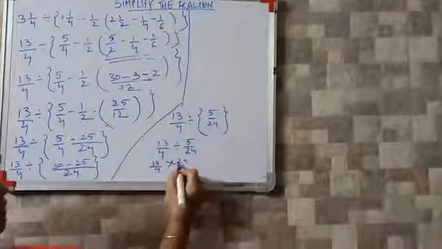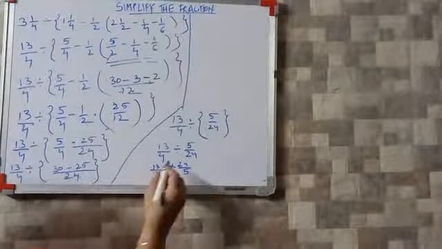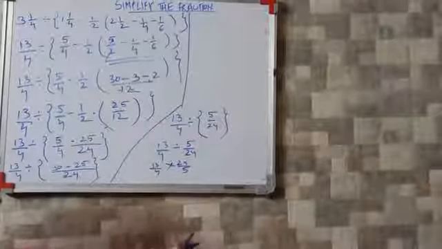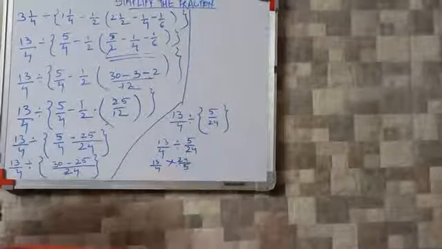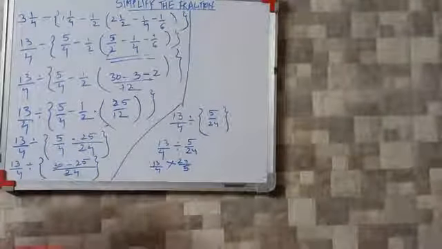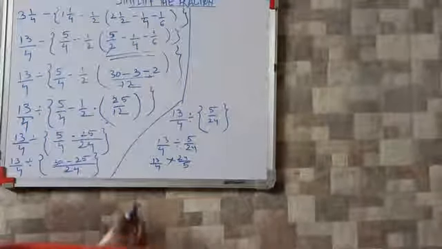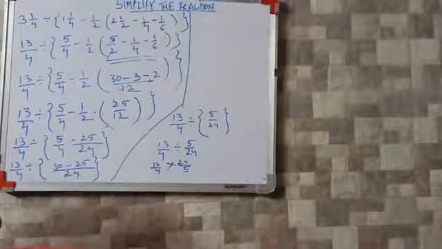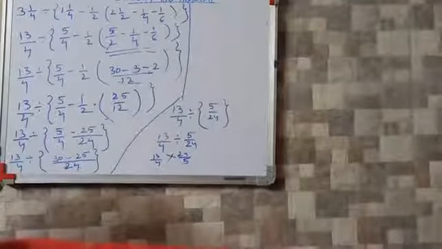So this will be 24 upon 5. Now cancel it. How you multiply two fractions, that you know, the cancellation method. So 4 and 24, the numerator and denominator will be cancelled. Numerator and numerator will not be cancelled. Numerator and denominator will be cancelled either in a cross direction or in a vertical direction.